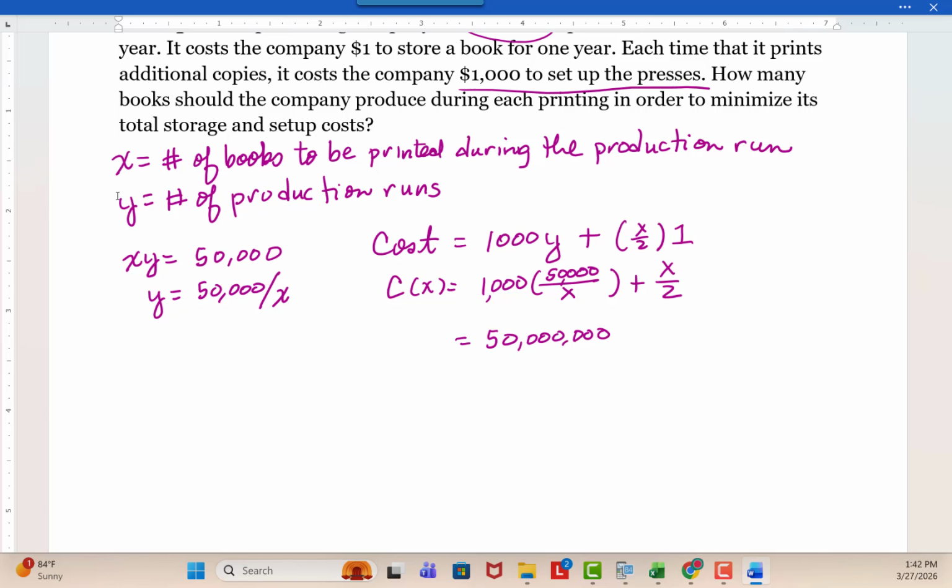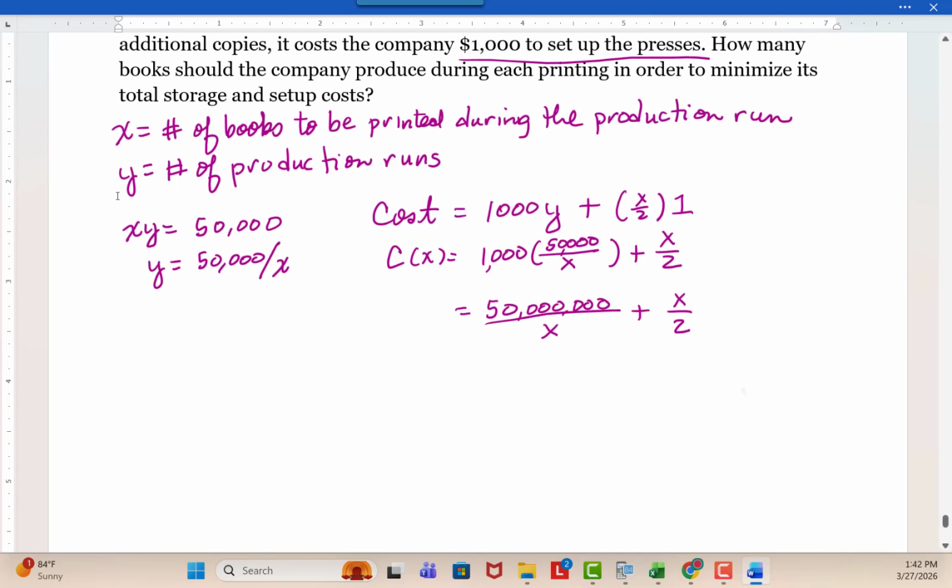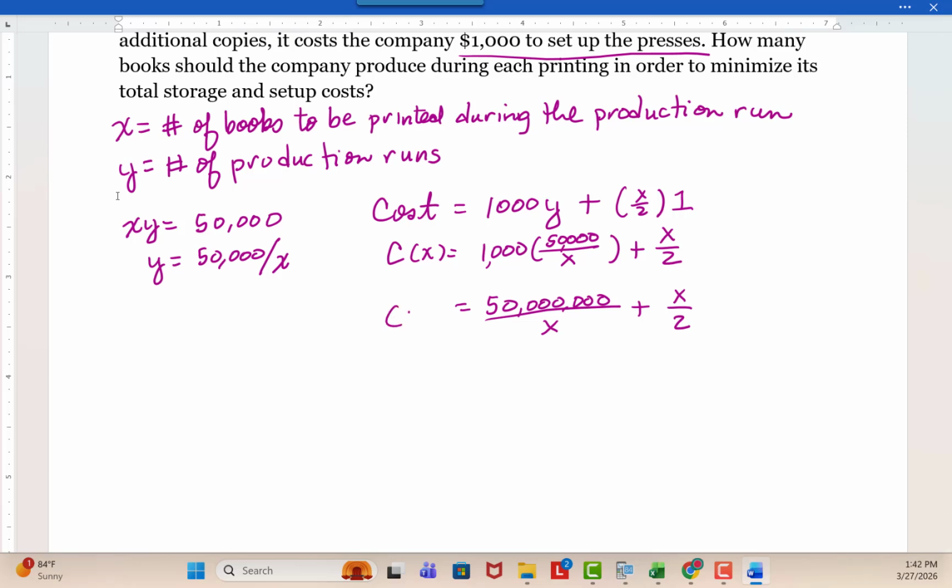All right, so we get 50 million over x plus x over 2. Or we could have written this as C of x is equal to 50 million x to the negative 1 plus 1/2 x.